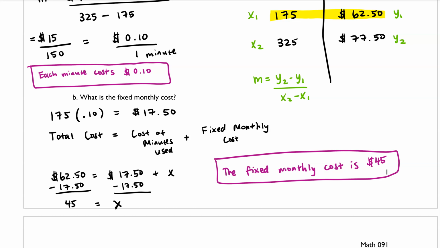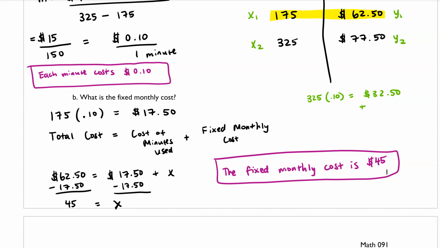Now, how could we check that? Maybe let's say you're not 100% sure. Well, you could always use the second data point just to check that. Let me erase this part. Let's just double check that really quickly. So if I had 325 minutes times 10 cents per minute, that would be $32.50.